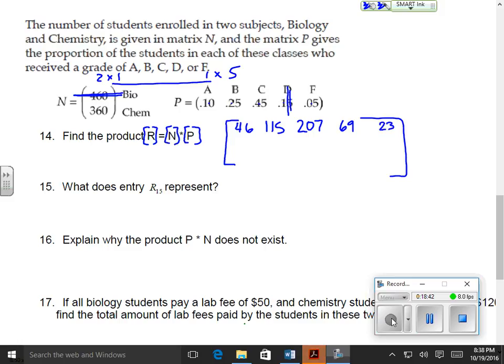We go through the same process down below. We use 360.